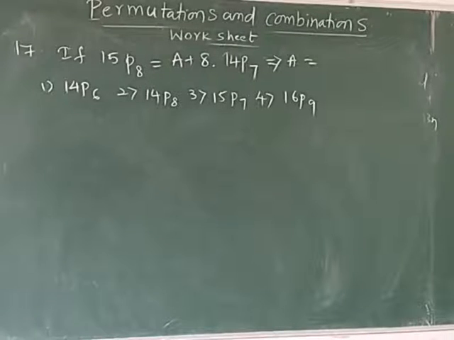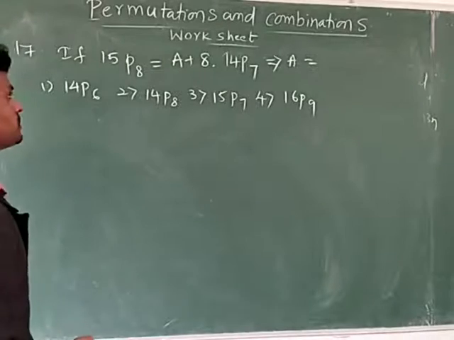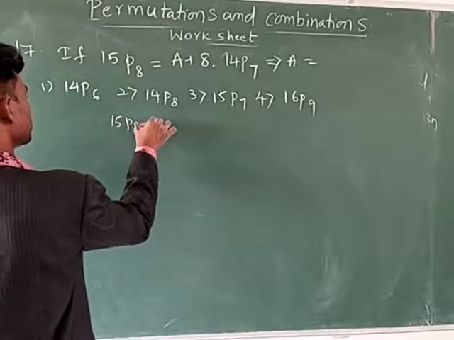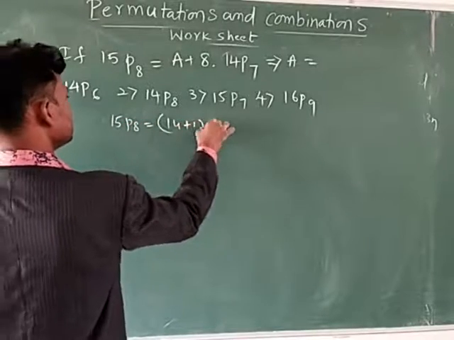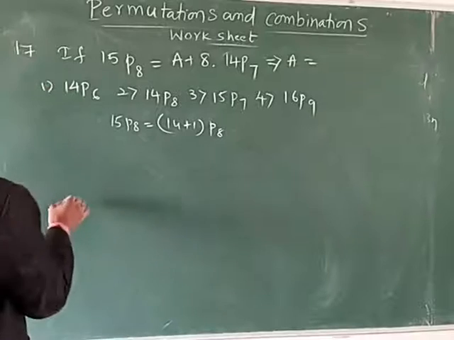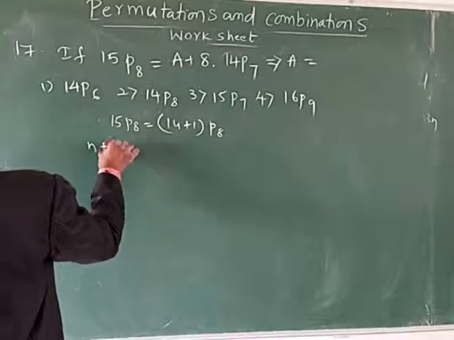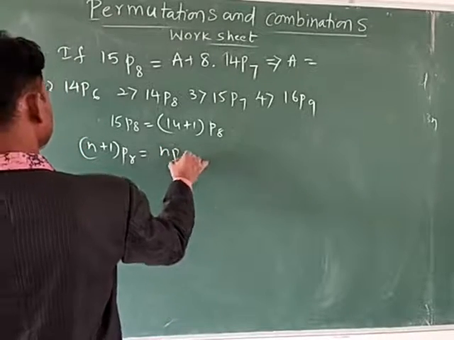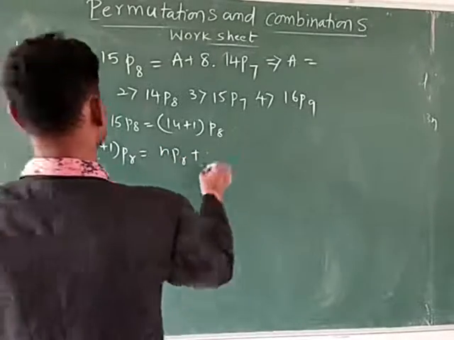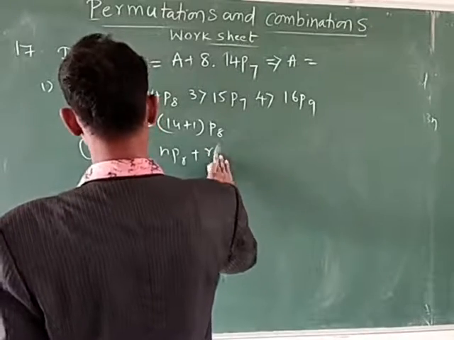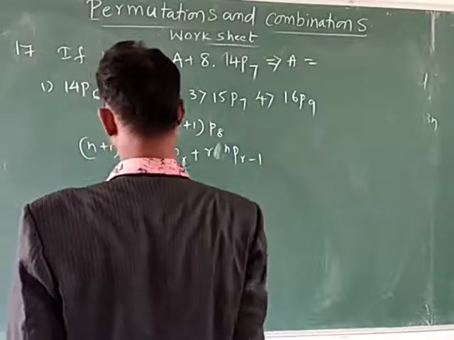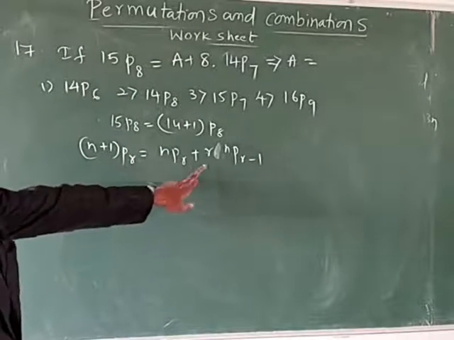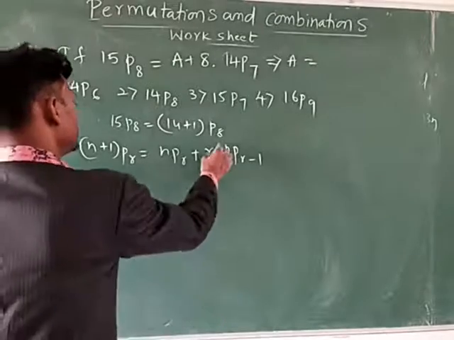Next problem: if 15P8 is equal to a plus 8 into 14P7. 15P8 is written as (14 plus 1)P8. We know one formula: (n plus 1)Pr is equal to nPr plus r into nP(r minus 1).